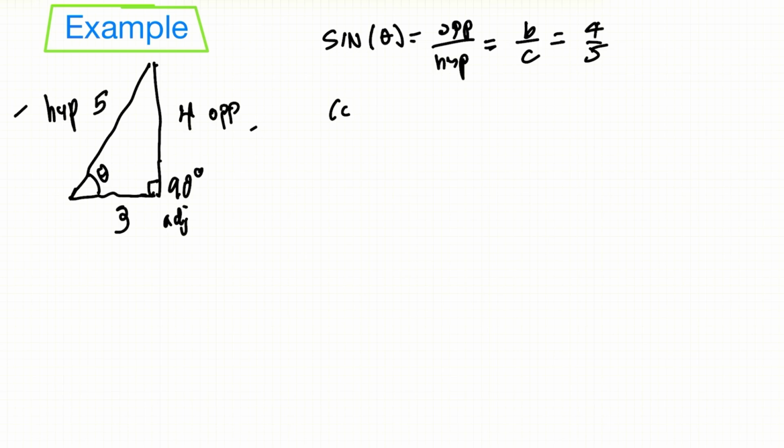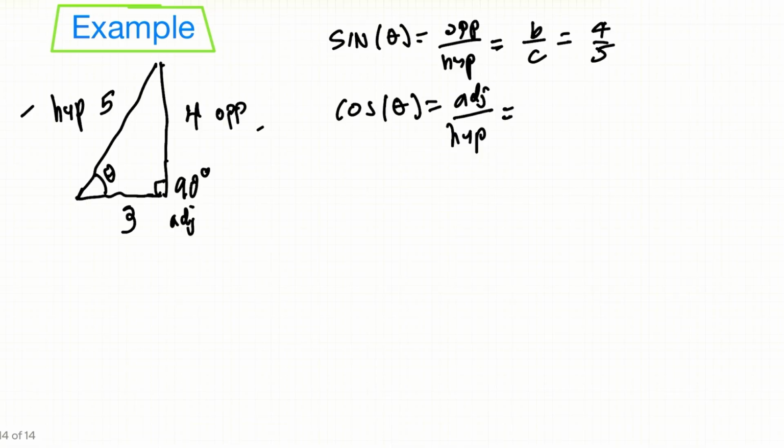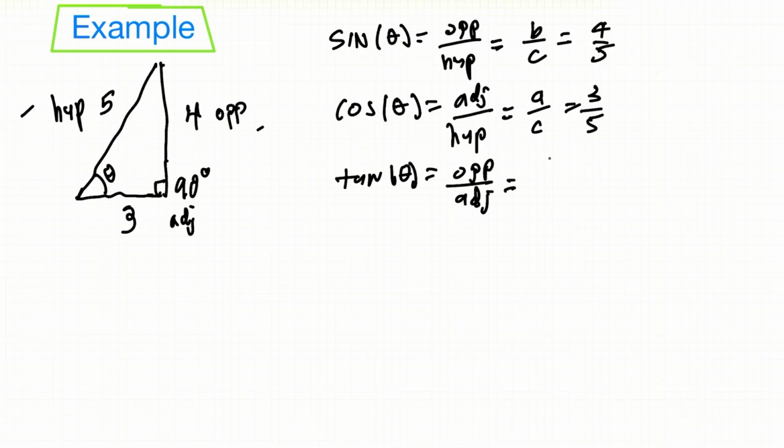Now the cosine of theta is the adjacent divided by the hypotenuse, and that is a over c, which is 3 over 5. The tangent of theta is equal to the opposite divided by the adjacent, which is b over a, and that is 4 over 3. So there are our three basic functions.